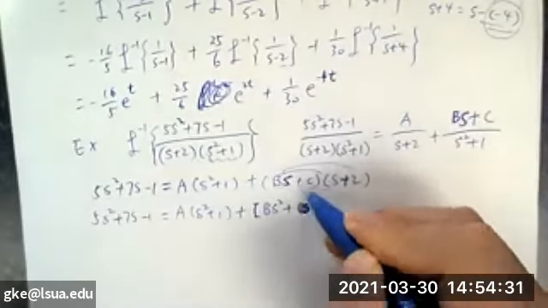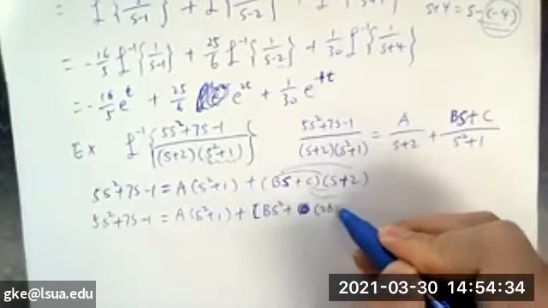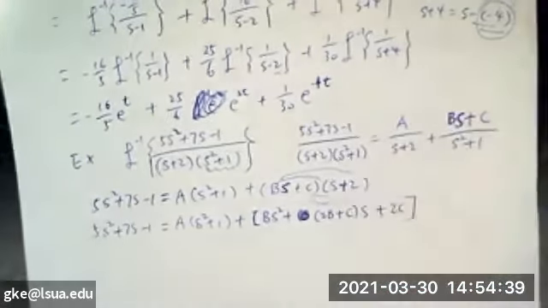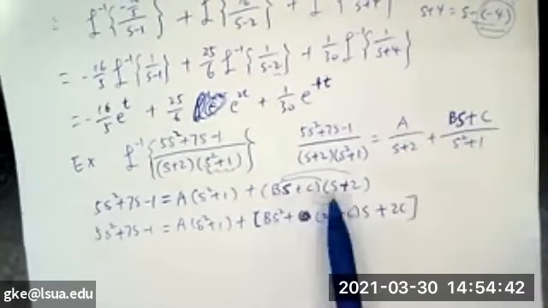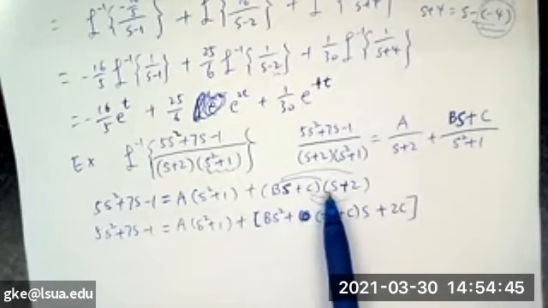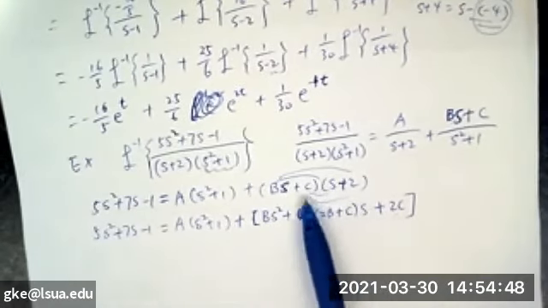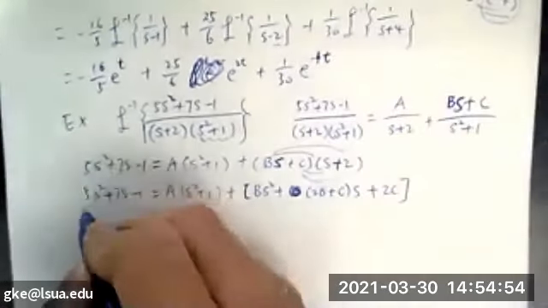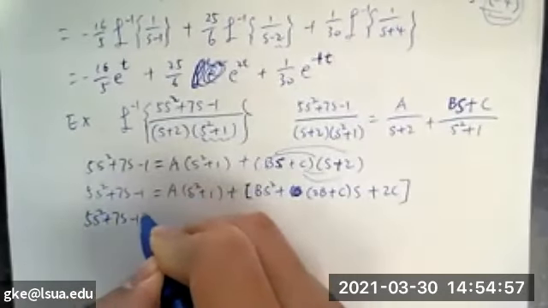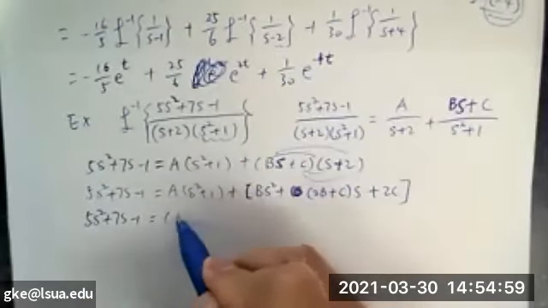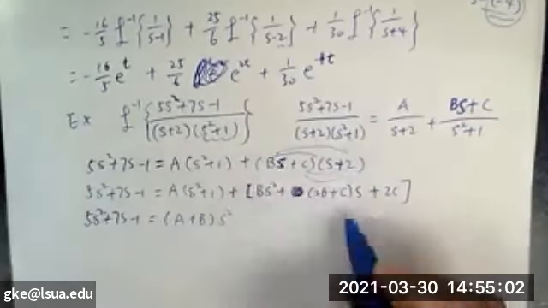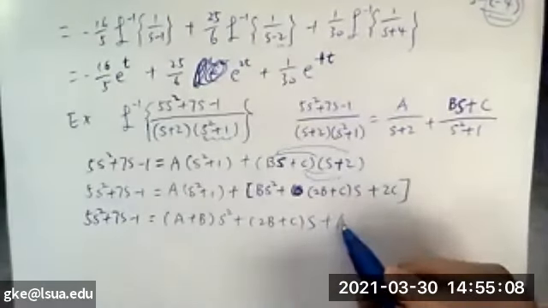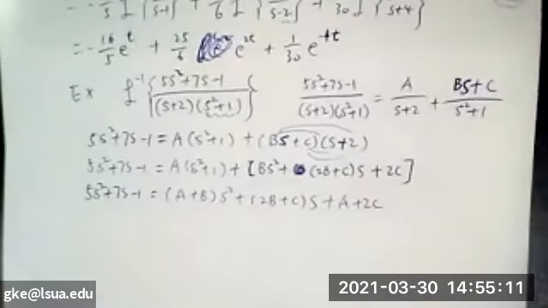So we have Bs times s, and Bs times 2 is 2b s, C times s, and 2 times C is 2c. Okay, distribution. After we get a distribution, we're gonna combine the coefficients. Let's take a look. So we have s squared is a plus b, s is 2b plus c, and the constant is a plus 2c. Okay. We combine all the terms.